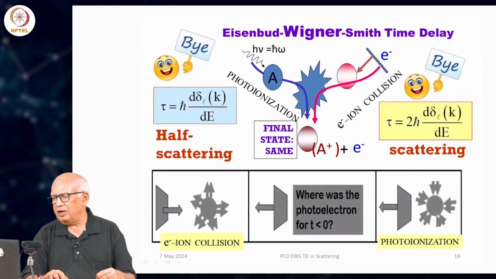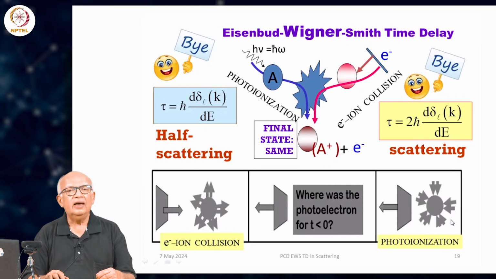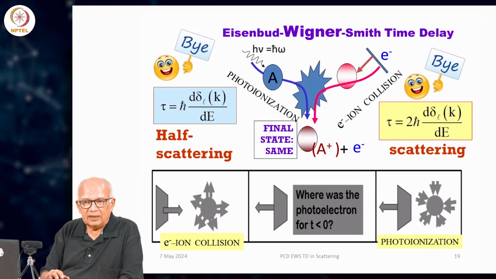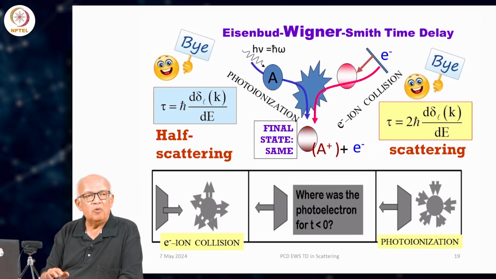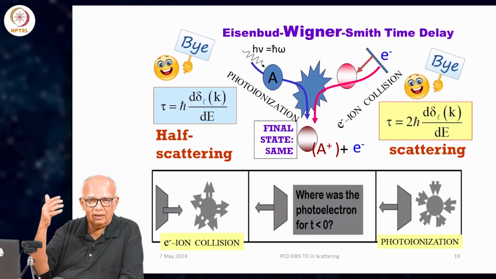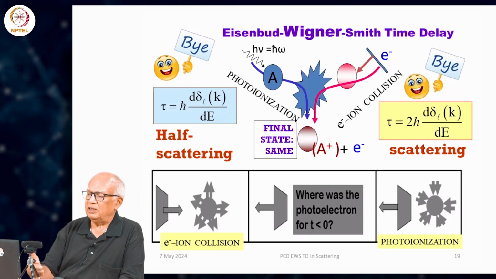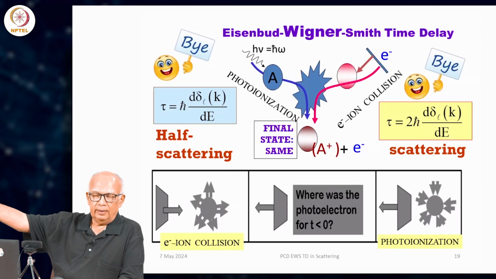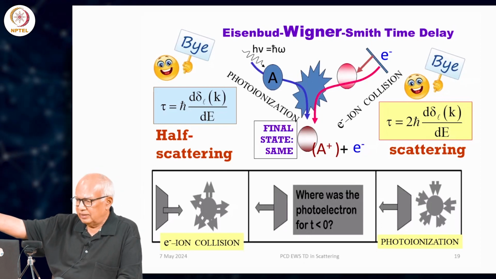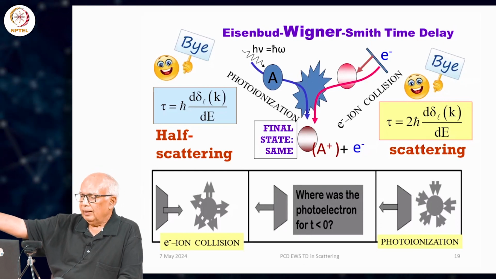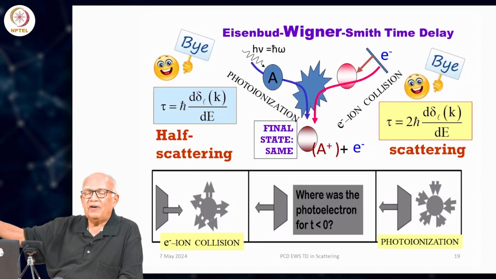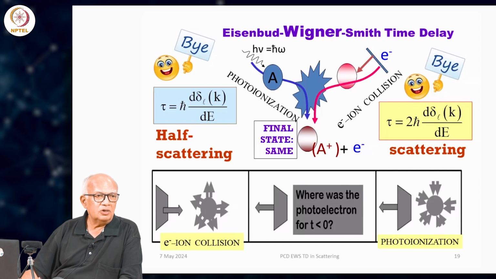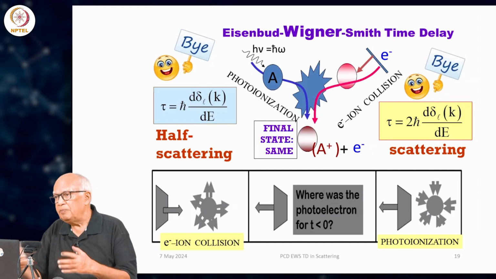In photoionization you never had an incident electron which existed. The electron is only born after photoionization takes place, it escapes toward the detector, and it actually defines the axis of symmetry, because what is an axis of symmetry in space?